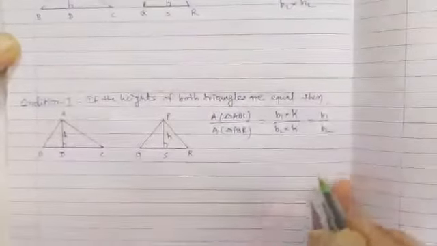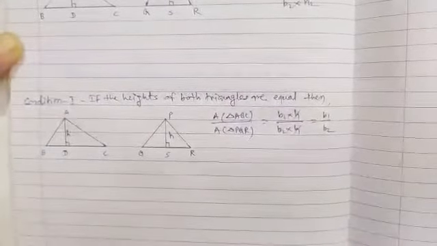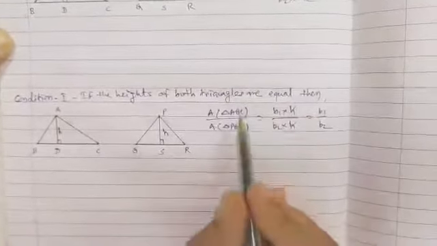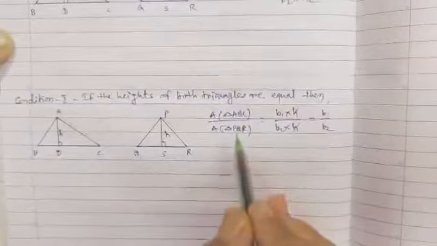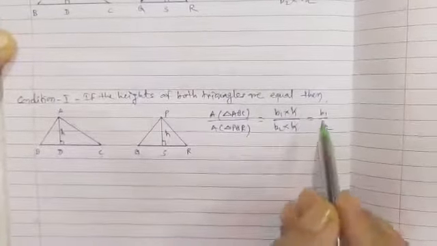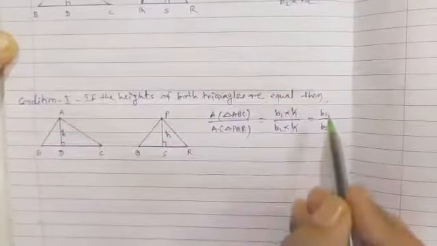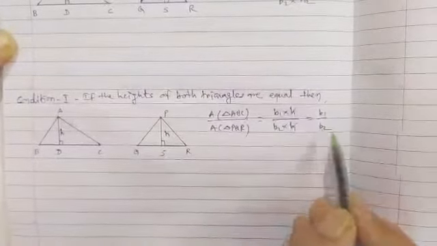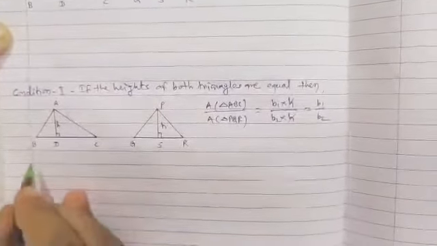मग याच्यावर काय प्रॉपर्टी शिकलोत आपण, the ratio of areas of two triangles with equal heights is equal to the ratio of their corresponding bases.